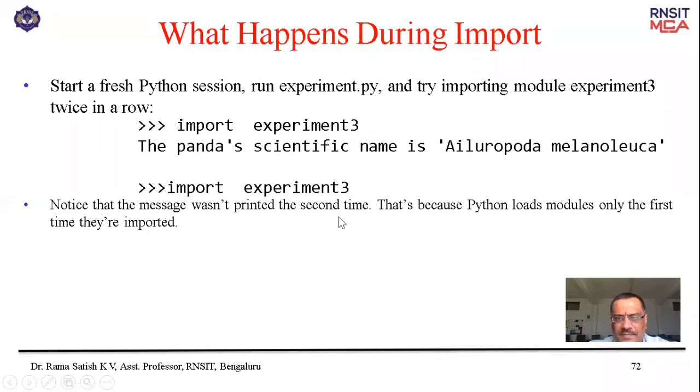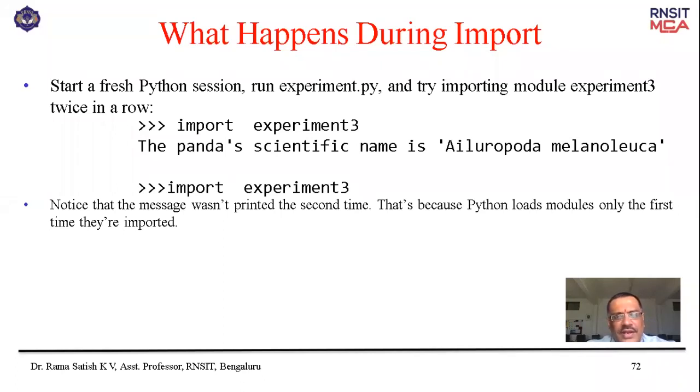That is because Python loads modules only the first time they are imported. It will never load the module again and again. It is so memory efficient, but it is creating a problem. Whenever we do updates, it is not updating.